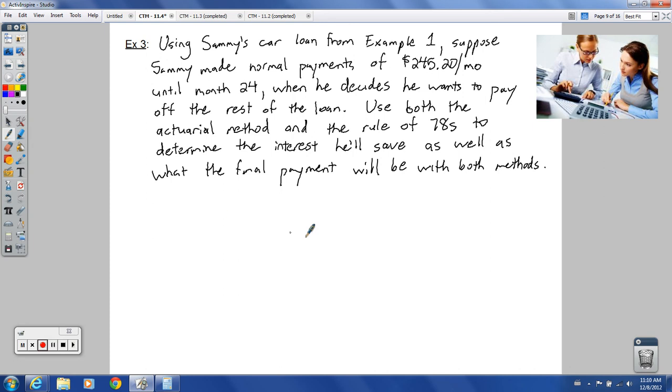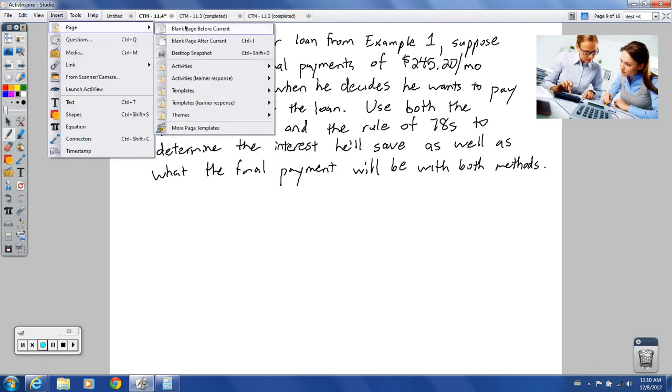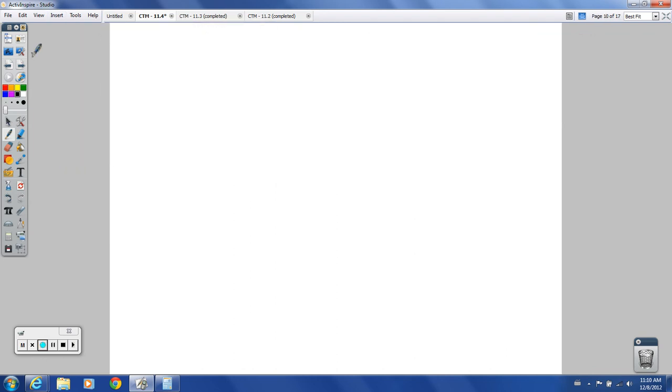And I don't feel like I should try to squeeze what I have to write in here in the rest of the space. So I'm going to add a new page here, and we'll go from there.